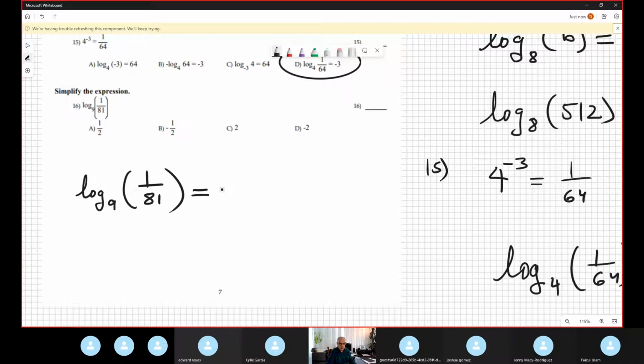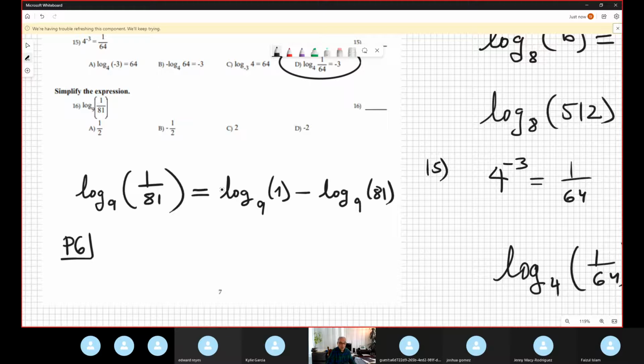You have a quotient and you know the property number 6 that allows me to separate division into subtraction. You apply the property number 6 and split: logarithm of 1 minus logarithm of 81.